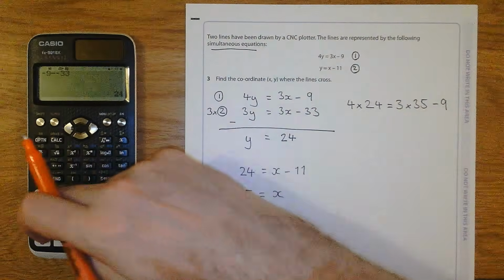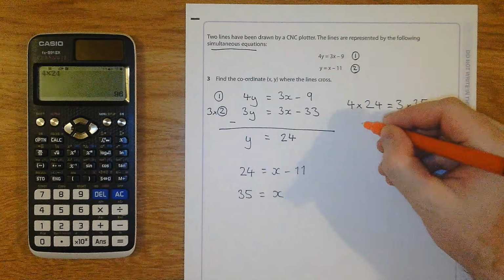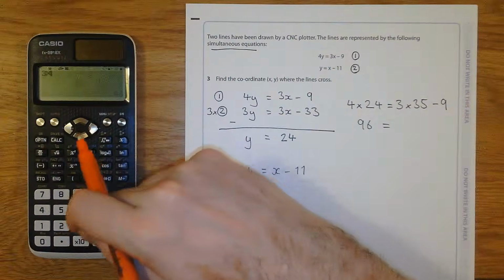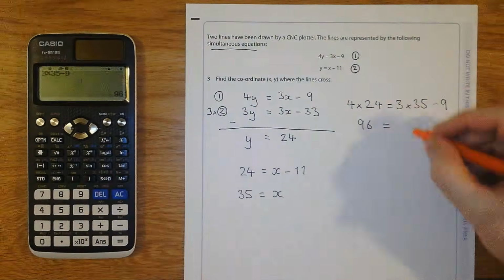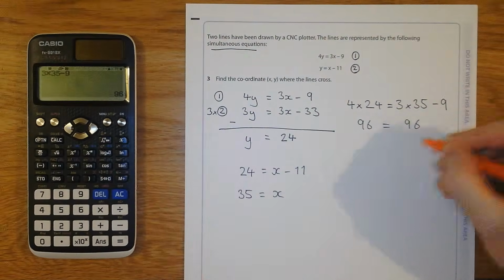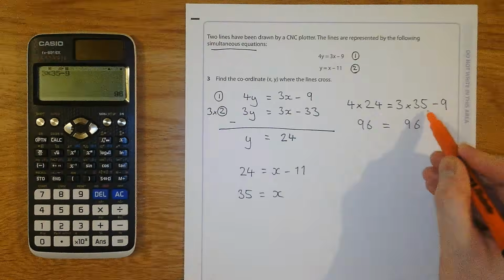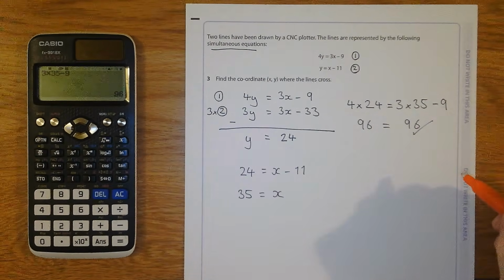On my calculator, 4 times 24 equals 96, and 3 times 35 minus 9 is also 96. That shows that my solutions of 24 and 35 are correct. So that's just my check method there.